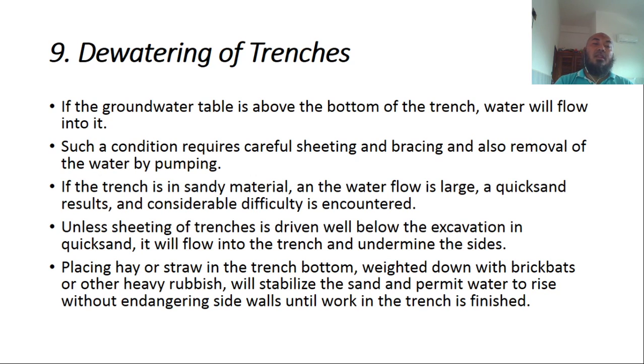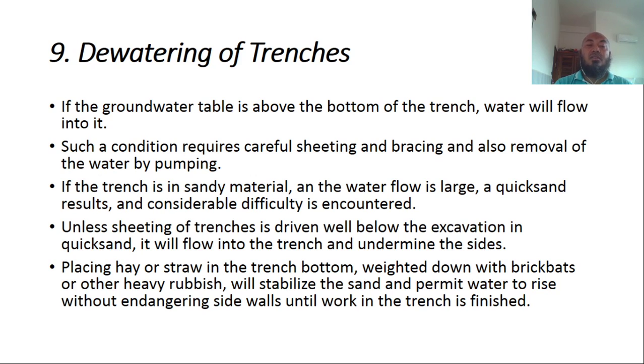So if the trench is in a sandy material and the water flow is large, quicksand results and considerable difficulty is encountered. Unless the sheeting of trenches is driven well below the excavation, the quicksand will flow into the trench and undermine the side.